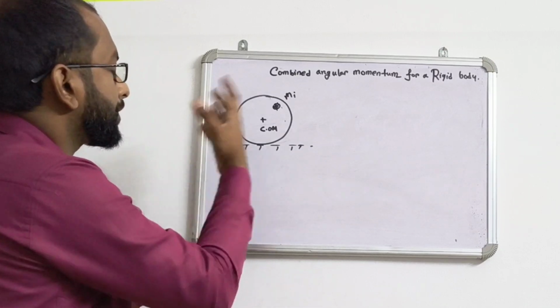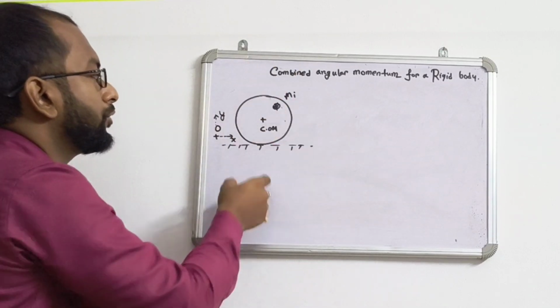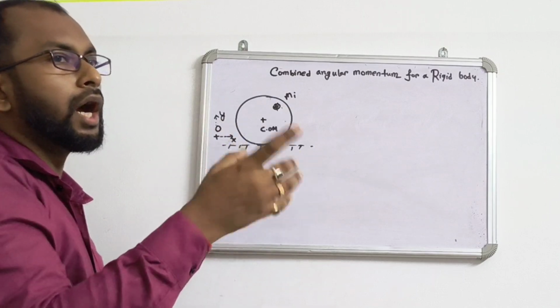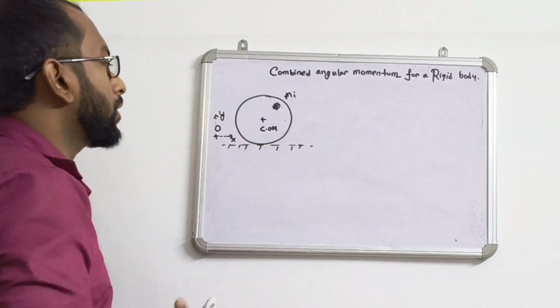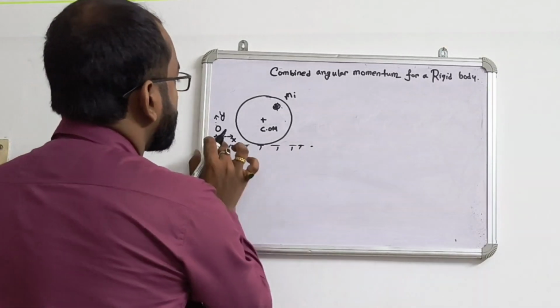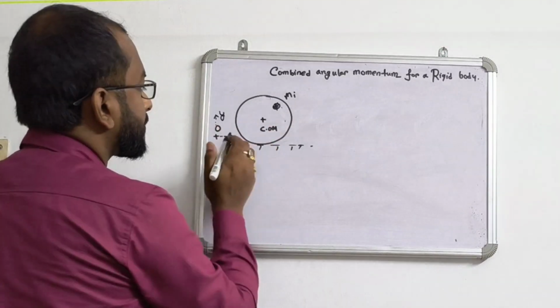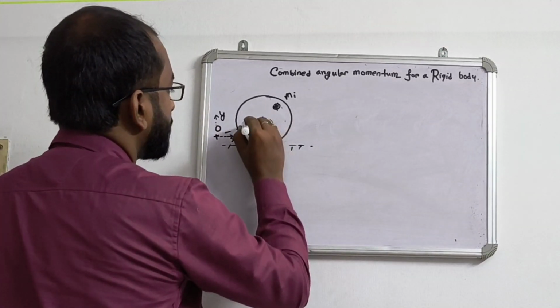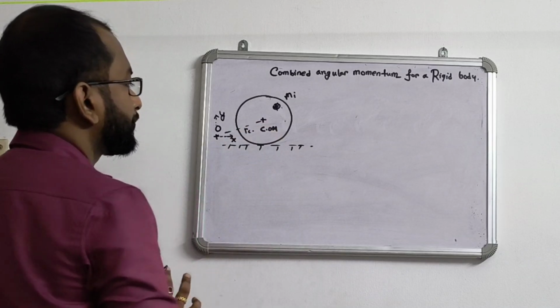If I tell you, let's find out angular momentum of this body with respect to center of mass, you will write I into omega, that is the angular velocity, that is angular momentum with respect to the center of mass. So what is the distance vector of this center of mass? Let's say it is RC.